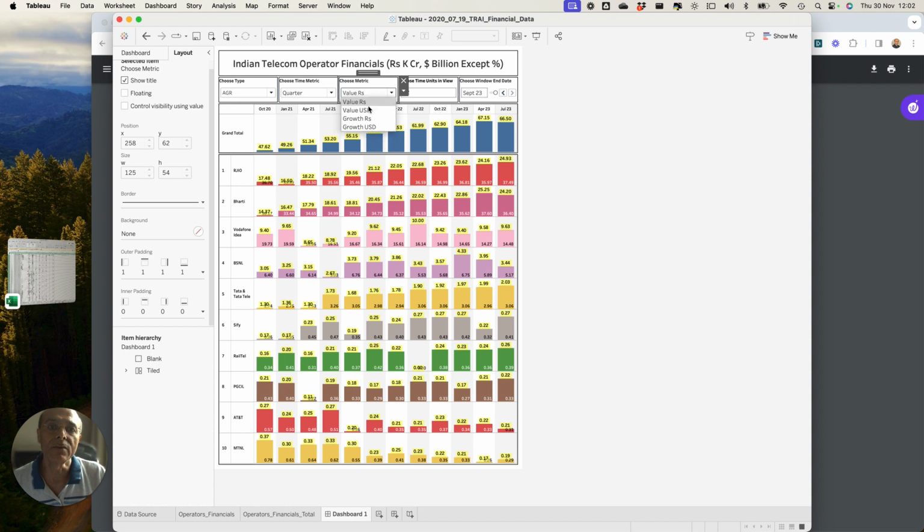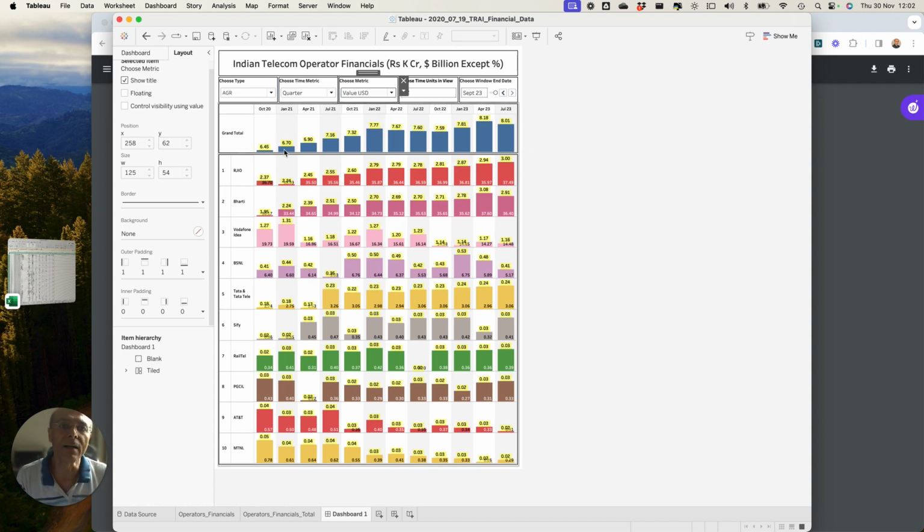Now let's do dollar terms. If you do dollar terms, the growth is not very exciting. It was growing till January 22, the starting month of that particular quarter. Then it plateaued, slightly grew, and now it is plateauing.